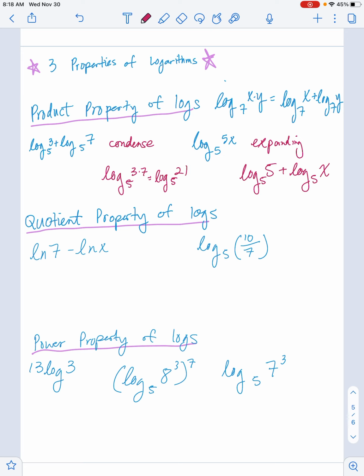Okay, let's look at the quotient property. Quotient, as you know, is a division. So very similar to the product property, if I have division happening inside of one log, let's bring it back to this example, log base 7 of x divided by y, I can break it up into two separate logs, but now instead of adding, I'm going to be subtracting.